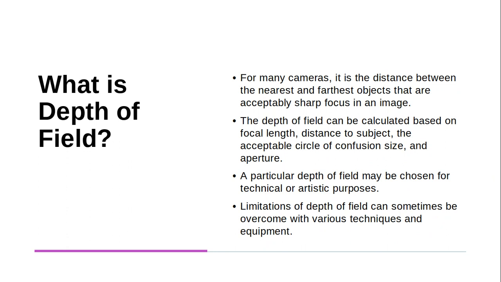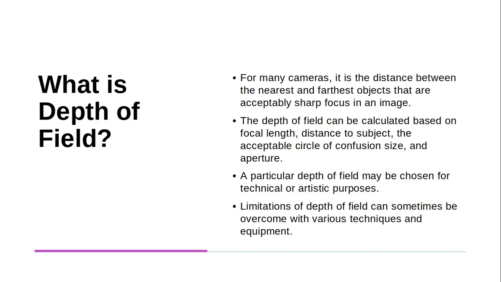The depth of field can be calculated based on the focal length, the distance to the subject, and the acceptable circle of confusion size. We're not going to get into that. I think it's basically about the sensor itself, which I have included, and the aperture.